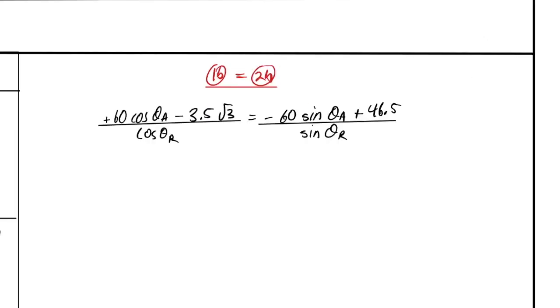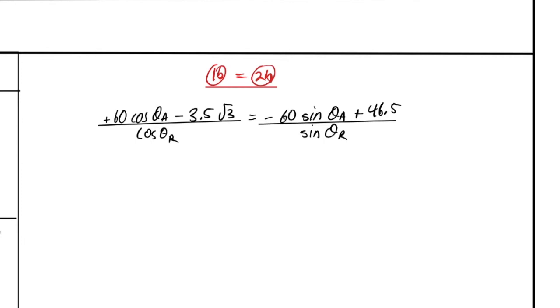Okay, things are getting very ugly because we need to isolate for theta A, but here's the problem. Cos theta A and sine theta A are two different functions. So when I said that we had three variables, that's technically correct, but it's kind of like four actually, because cos theta A and sine theta A are quite different.